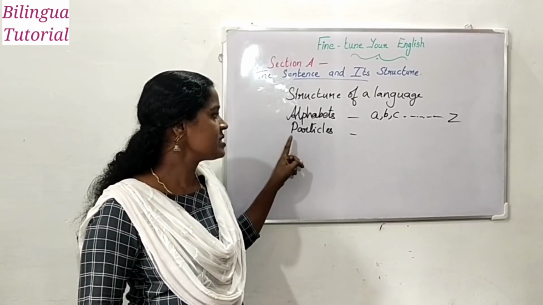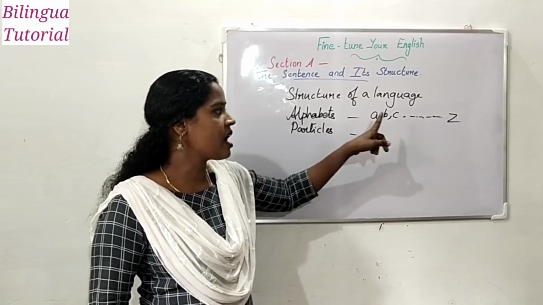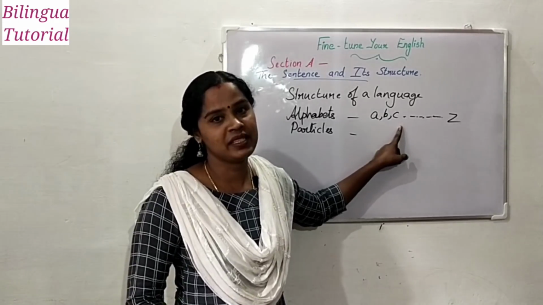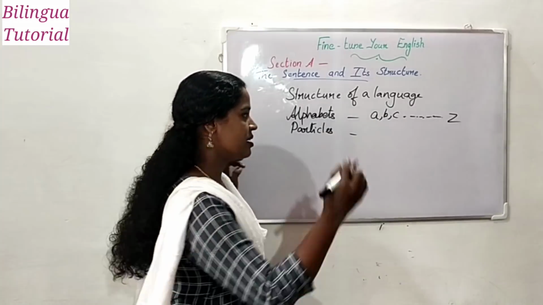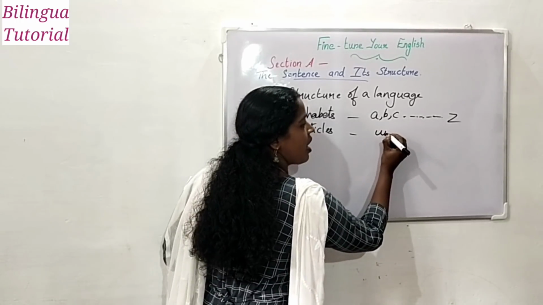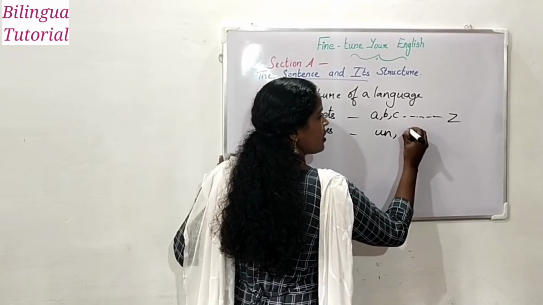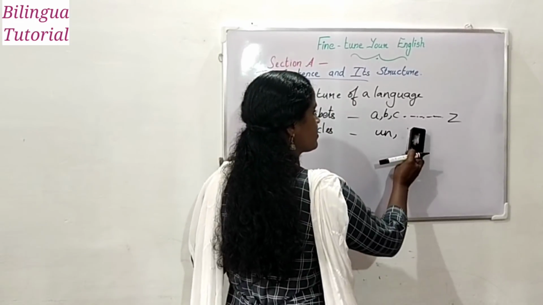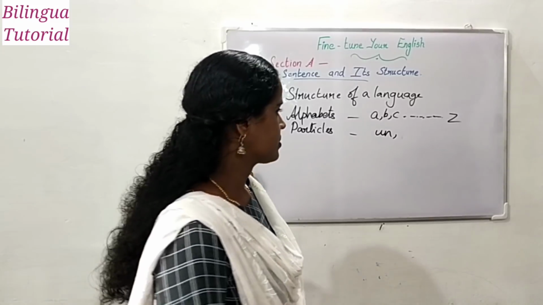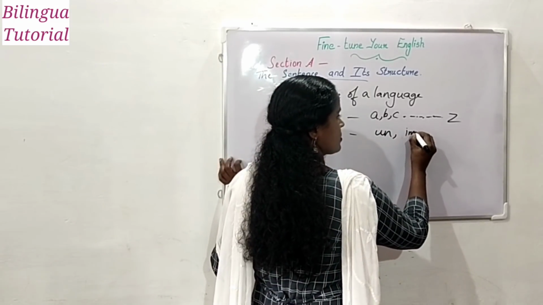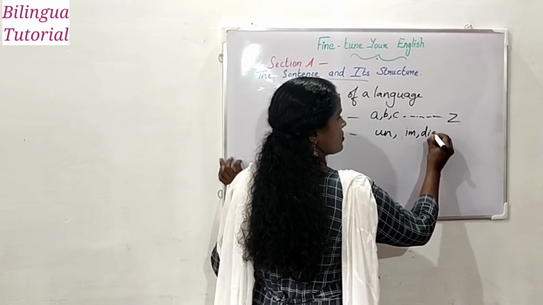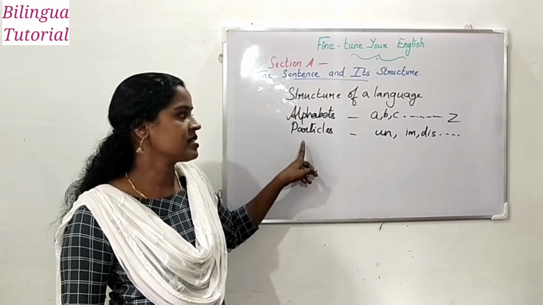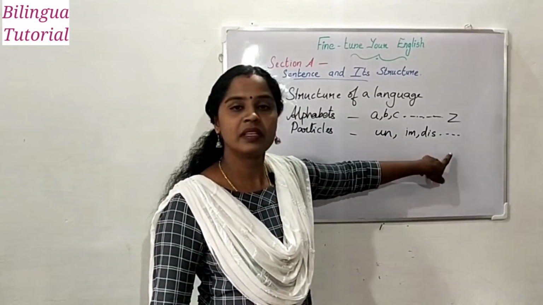Let's see, next it is particles. Particles are a combination of letters, but they may not have a complete meaning. For example, the particles are un, this.